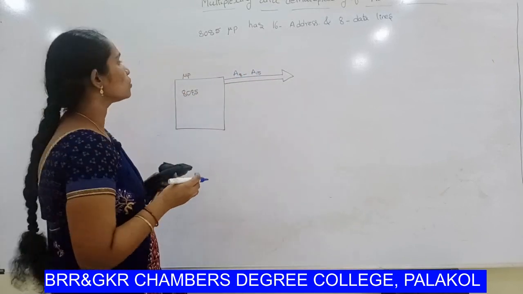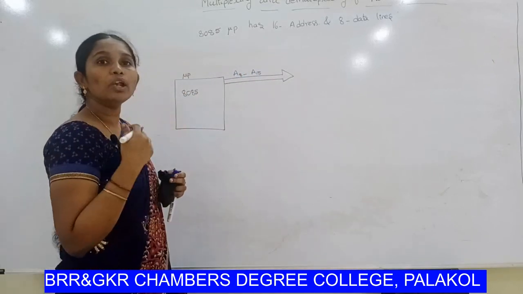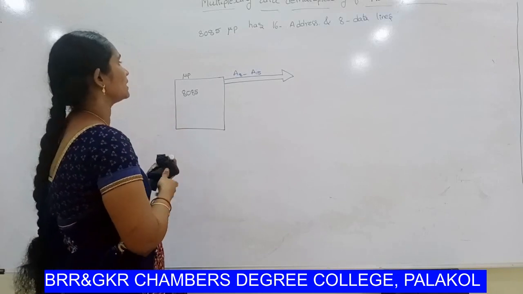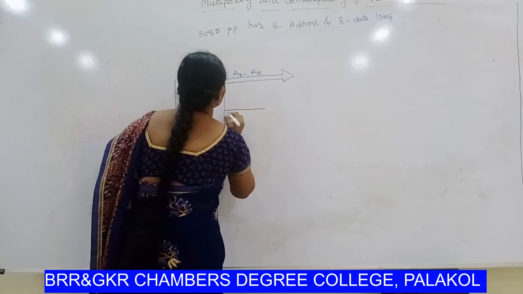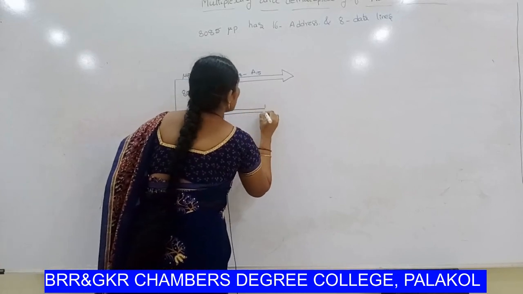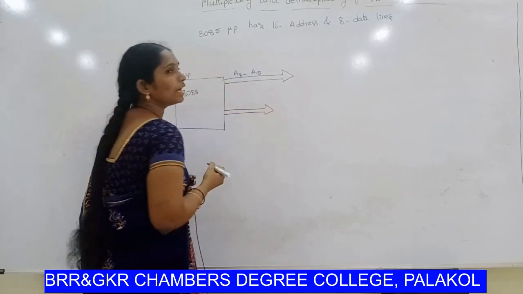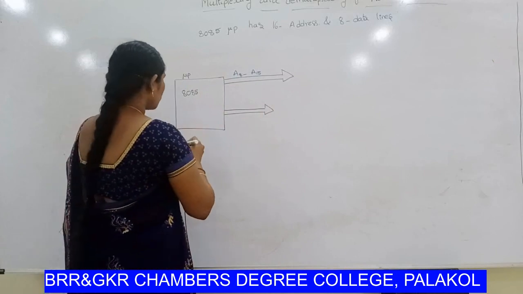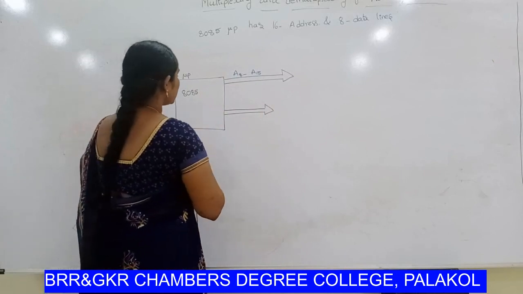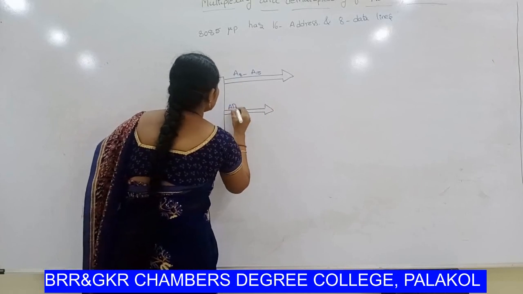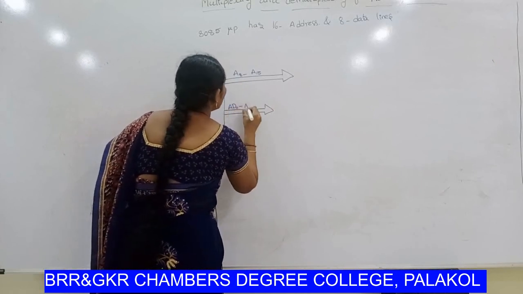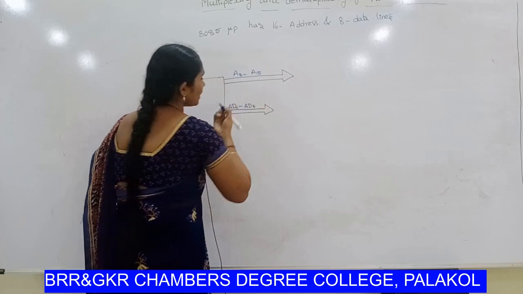And also lower order address lines. So here these are the lower order address lines. These lower order address and data lines are AD0 to AD7.